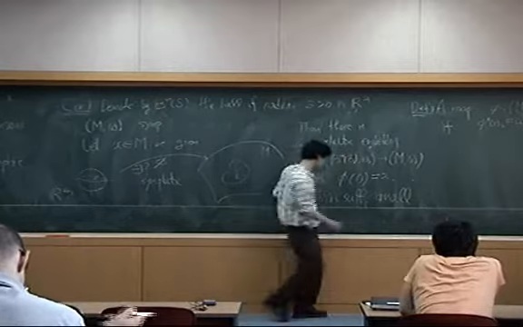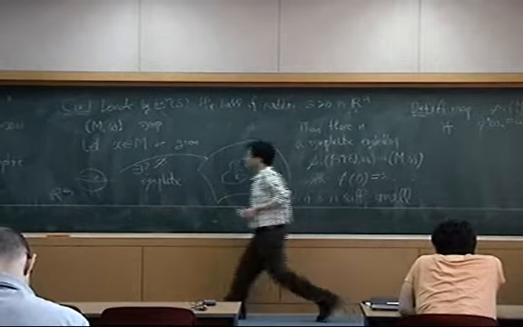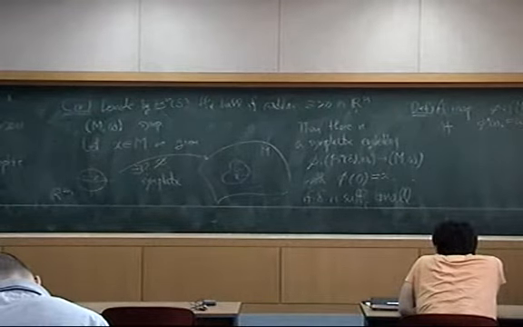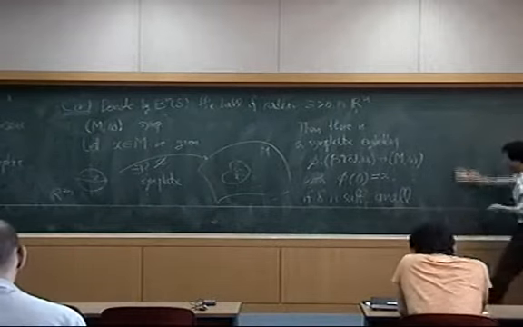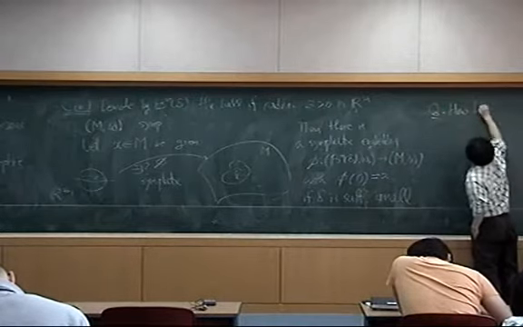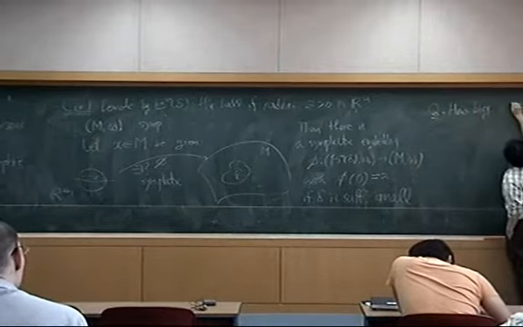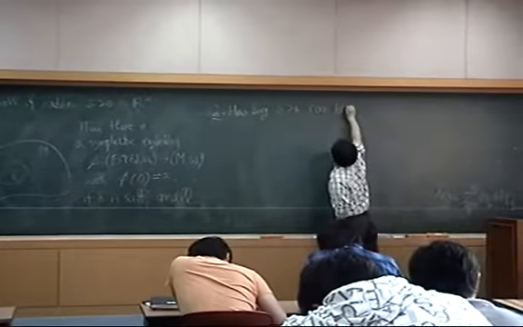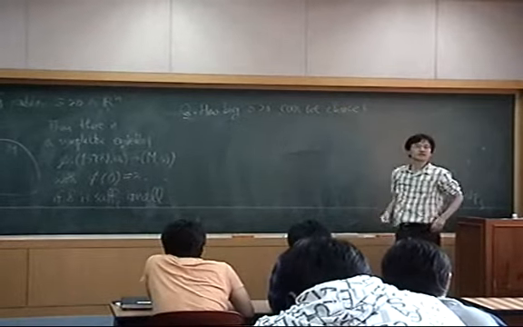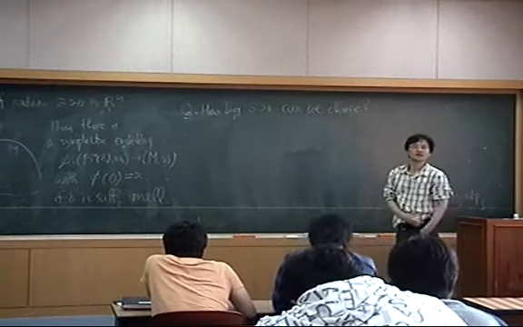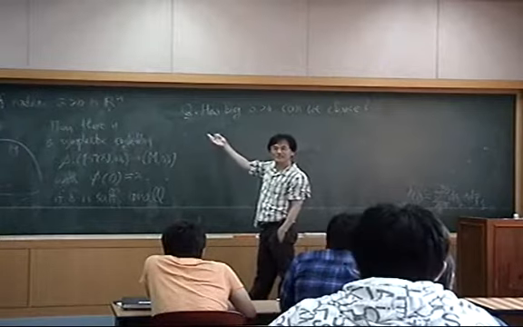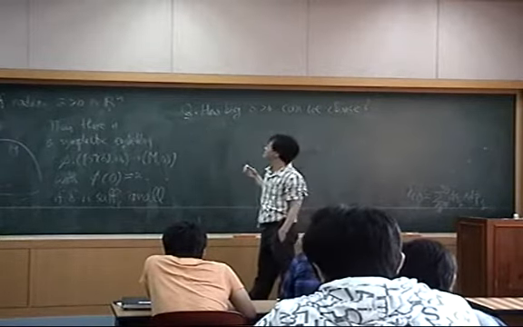The natural question is, how big can you choose this ball? How big a delta can we choose? It turns out this maximal possible delta is a very important invariant.